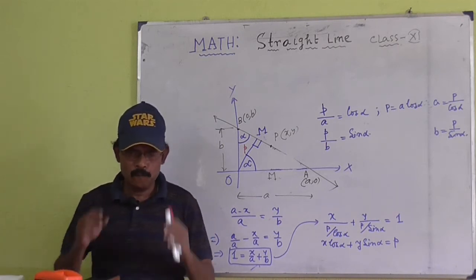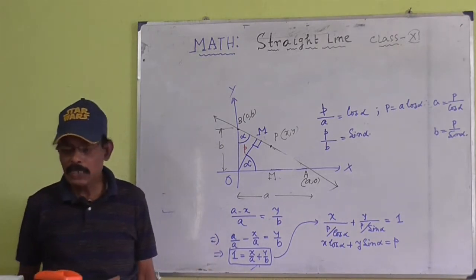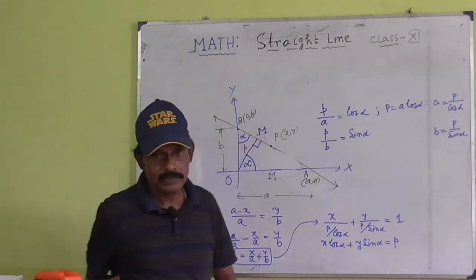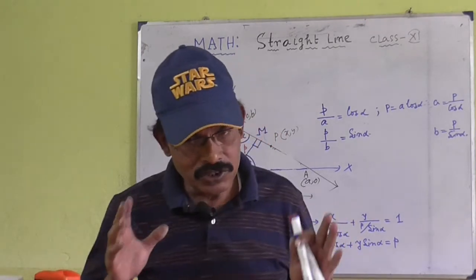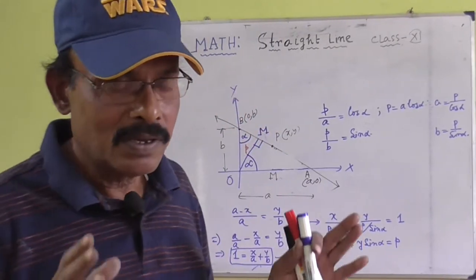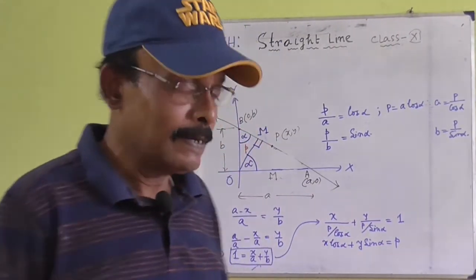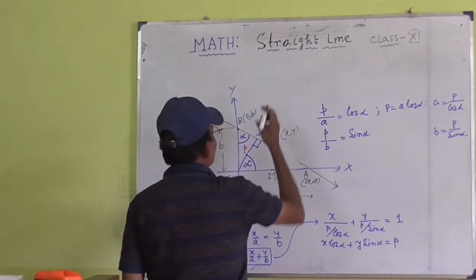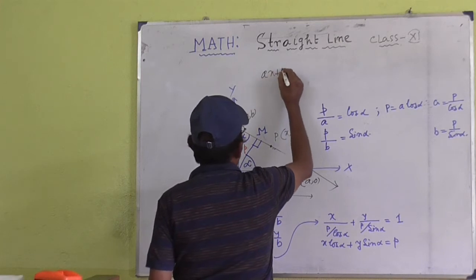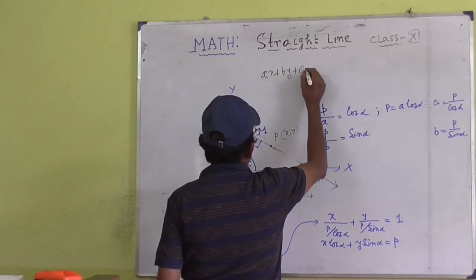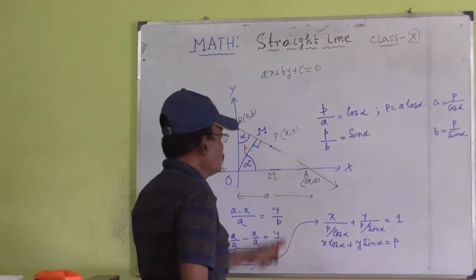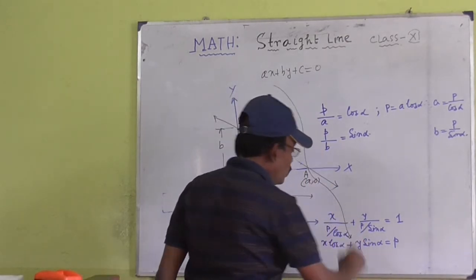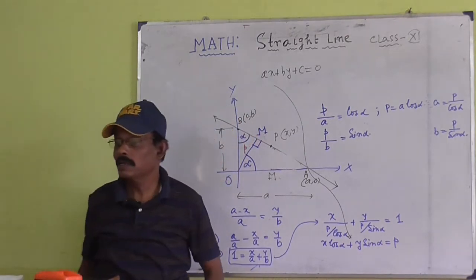Now, any first degree equation Ax plus By plus C represents a straight line. Clear? Any first degree equation represents a straight line. From this first degree equation Ax plus By plus C equal to 0, compare with the normal form.